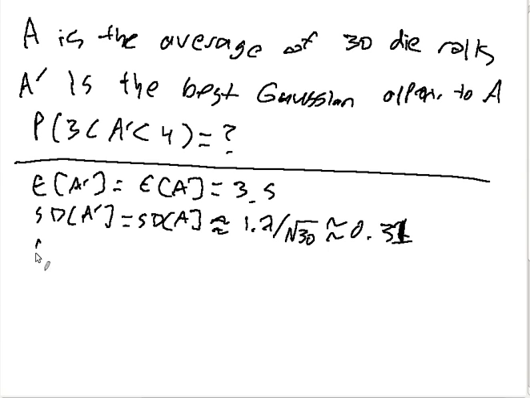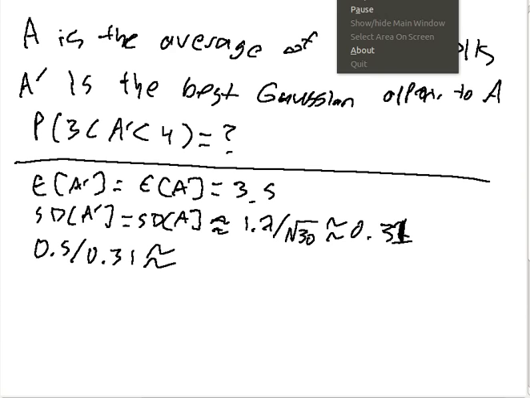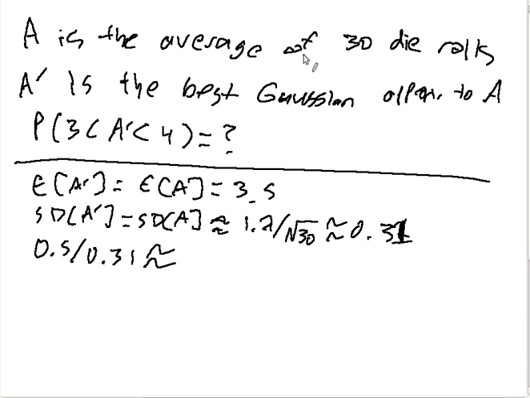So if we look at 0.5 over 0.31, we find that this is approximately 1.6. So we're interested in the question of how often a normal variable falls within 1.6 standard deviations of its mean.